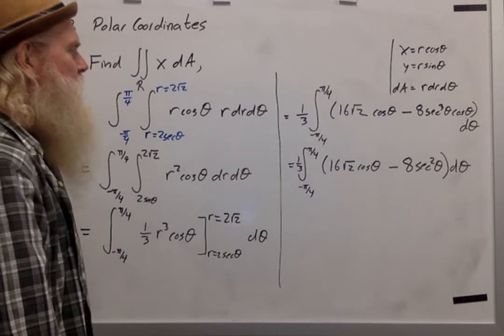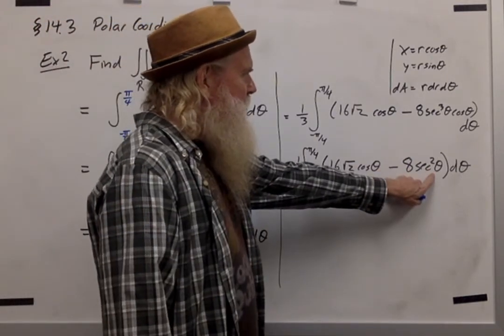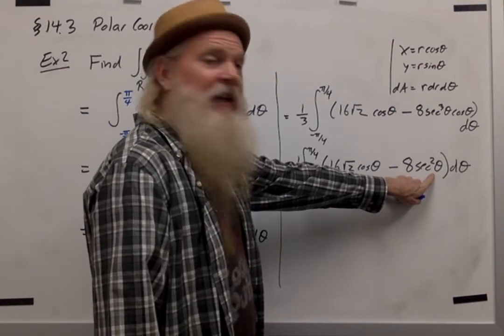Well, that's not going to be so bad to integrate. The integral of cosine is sine, and the integral of secant squared is tangent.